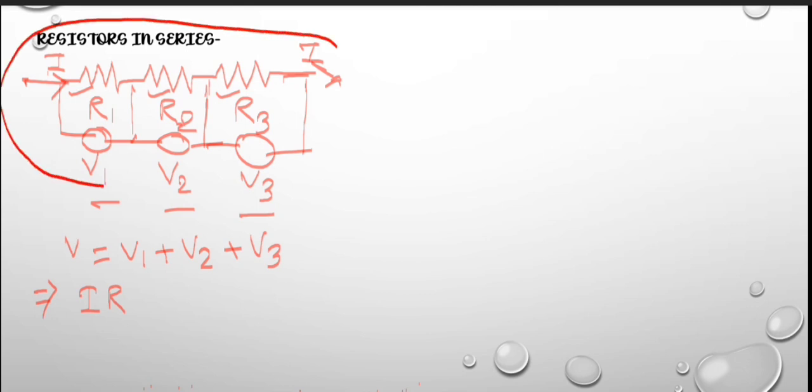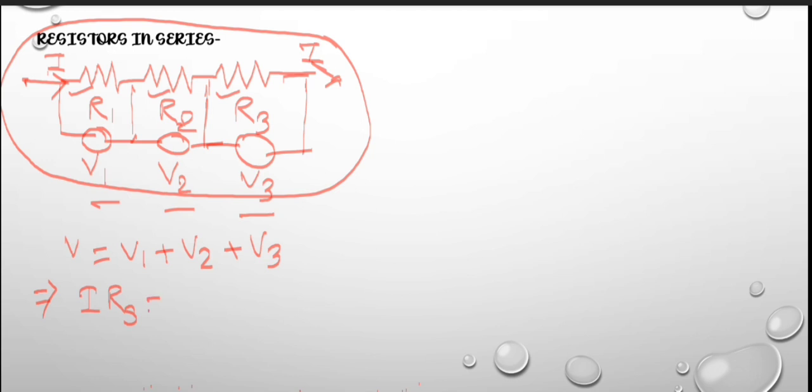Let us consider that the source has potential difference V, and this V is equal to V1 plus V2 plus V3. We know from Ohm's law that R multiplied by I is equal to V. And let us consider the equivalent resistance of this whole circuit is Rs.